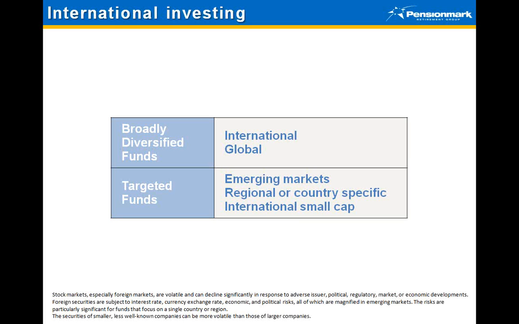In a targeted international type fund, you're looking at specific markets, emerging markets, let's say, or a specific region or country, or small cap, and all three of those targeted type funds are definitely going to have a bit more risk associated with them. But again, as we've discussed, potentially faster growing, potentially more returns. So just to better understand why you may have more than one international choice. And if you only have one, chances are it's a broadly diversified fund.